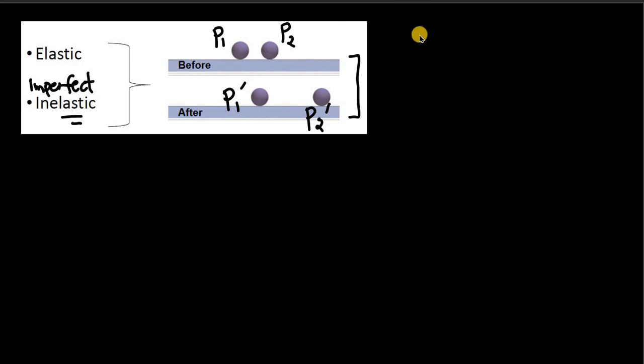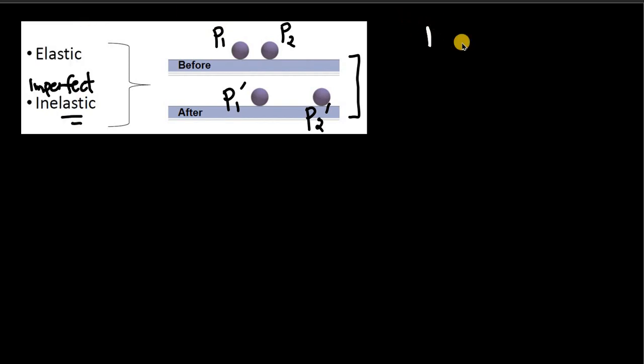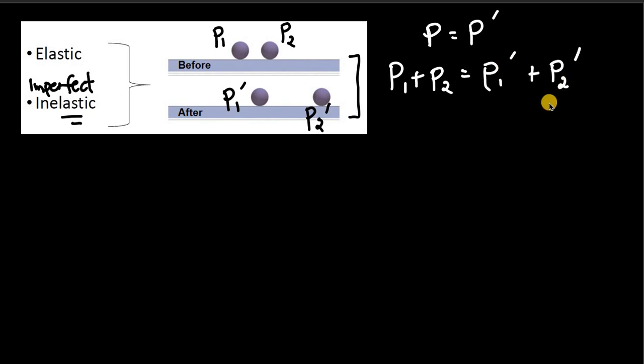Going back to the law of conservation of momentum, the momentum before the collision is equal to the momentum after the collision. So we have P1 plus P2 on one side, and on the other side, P1 prime plus P2 prime.